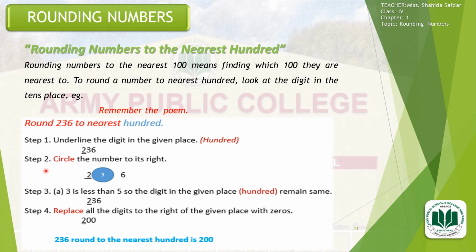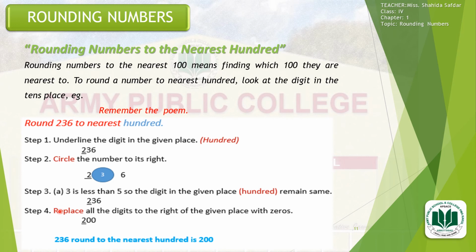In the next step, we will circle the number to the right of the underlined digit. So, we will circle the digit 3. As you can see, 3 is less than 5. So, in step 3, the digit at the 100 place remains the same.